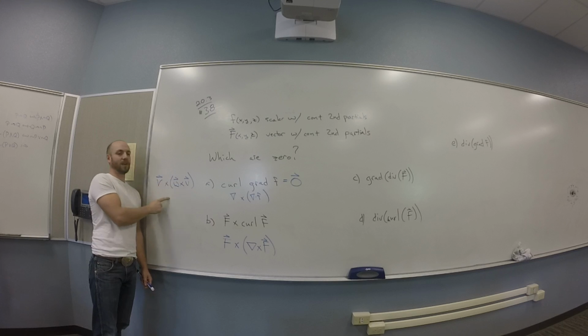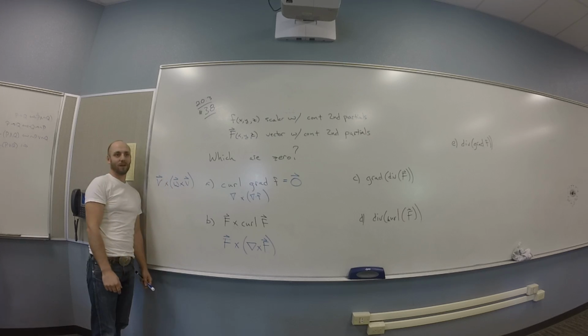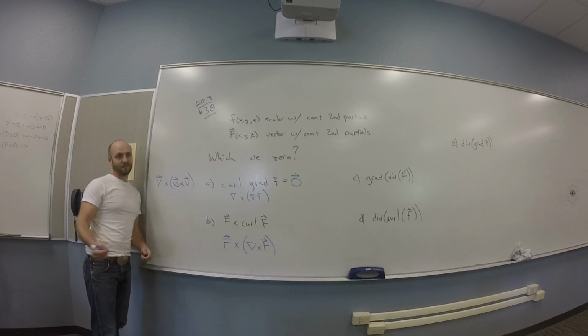When I cross that with v, I'm going to get probably w or maybe minus w depending on how the handedness works out. Or at least some scalar multiple of w maybe. So it'd be not zero. So I think this one's not identically zero.